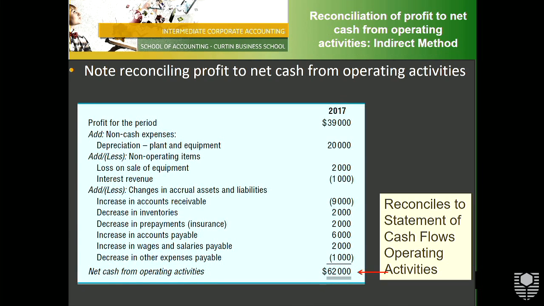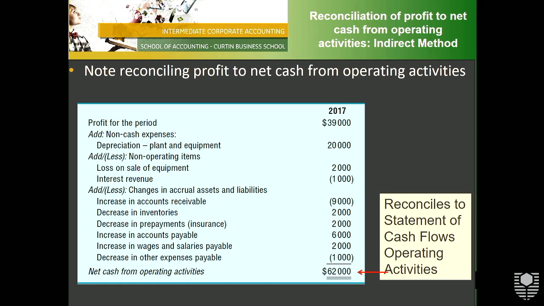Okay, the next bit you have to do is your note, because this is what the standard requires. When you're using the direct method, you must reconcile and prepare the note. The only way to do this is to practice. You start with your profit, and remember, this is the note reconciling your operating activities. Your profit includes non-operating activities as well, so you have to adjust accordingly. Where it's recognised revenue, you need to minus it out.